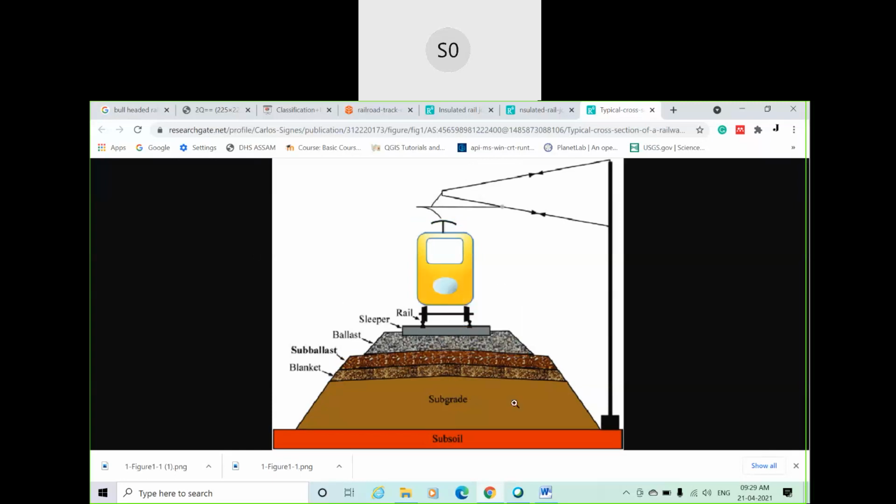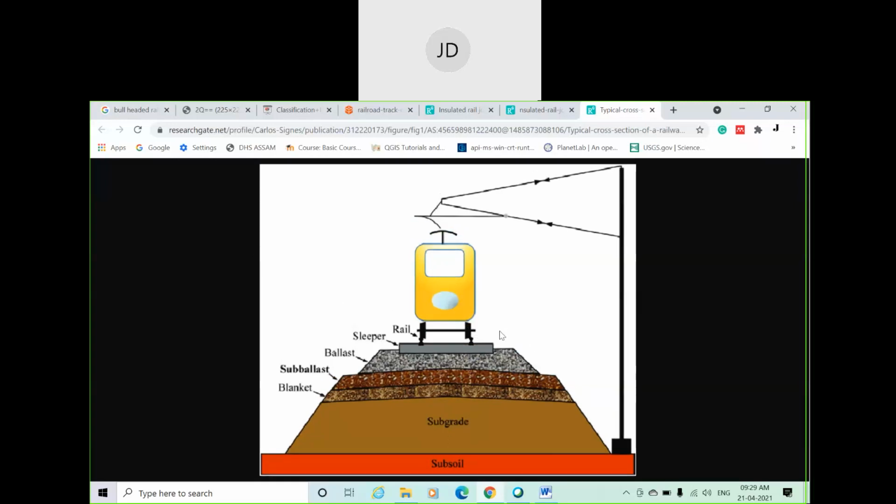You can see this is a cross-sectional view of a railway track. This is a train, and the train is moving over this rail, the laterally spaced rail. The train has a wheel. You can see the black colored conical shaped wheel, which is connected with an axle.